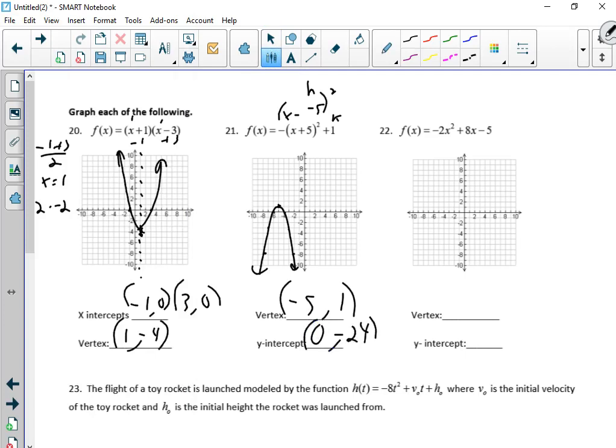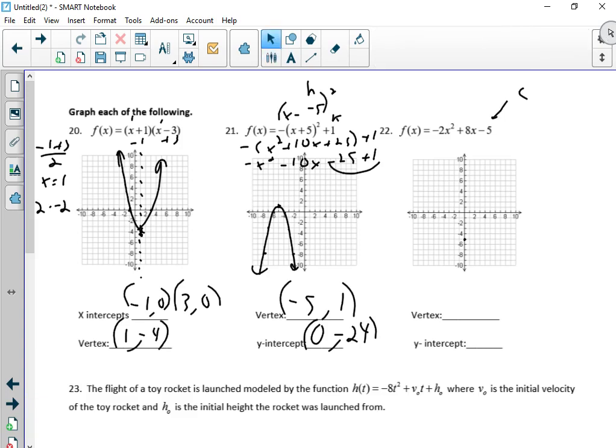The long way to do it is to FOIL this, or shortcut x squared plus 10x plus 25, distribute the negative, plus 1, and then negative x squared, minus 10x, minus 25 plus 1, and there's your negative 24. c is your y-intercept.